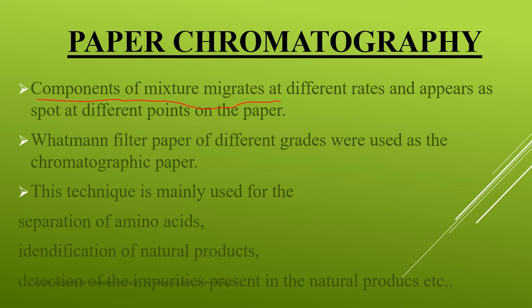So I already told that this extract will be distributed between the mobile phase as well as the stationary phase, and here the stationary phase is paper, and more clearly the water content present inside the paper will be acting as a stationary liquid. Clear? So here the components of the mixture will be migrating at different rates, and they will be appearing as spots at different points on the paper, because here paper will be acting as the stationary phase.